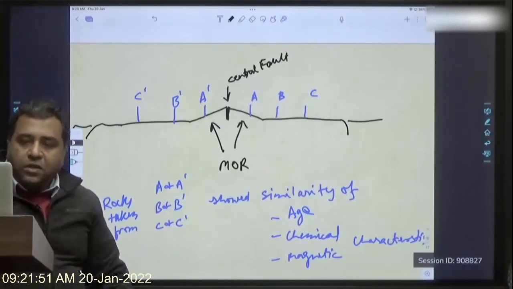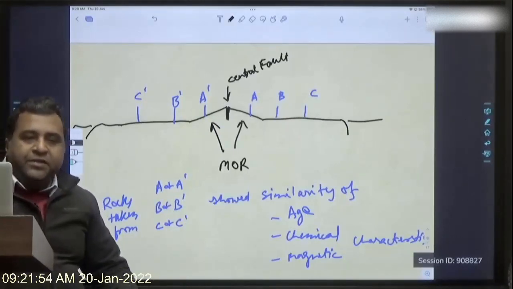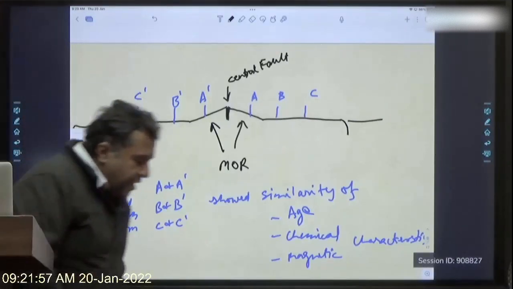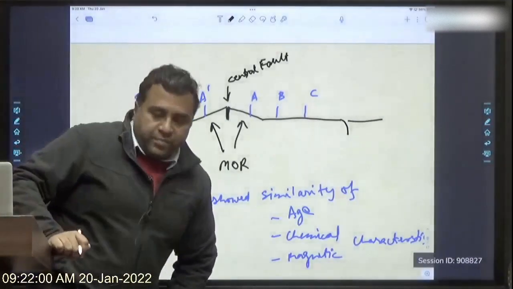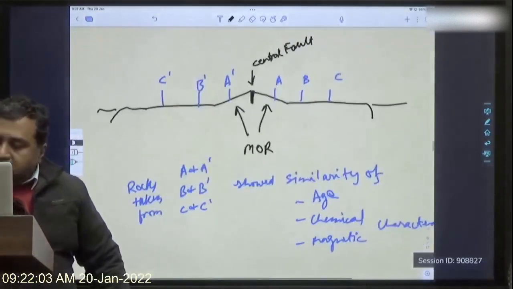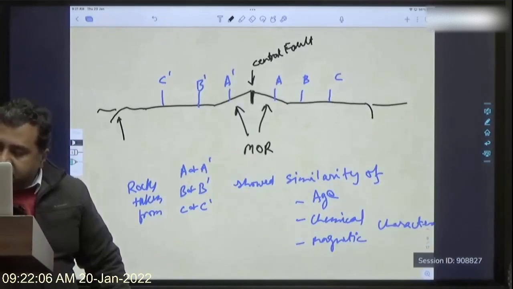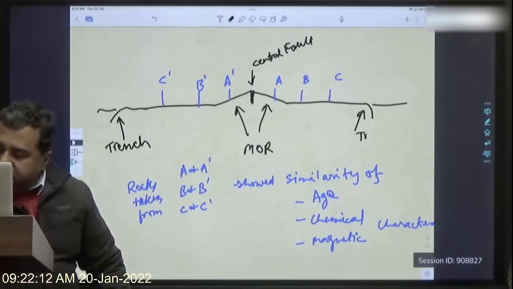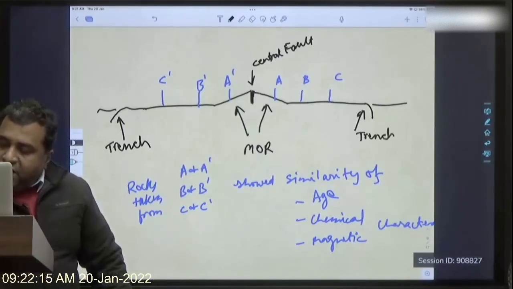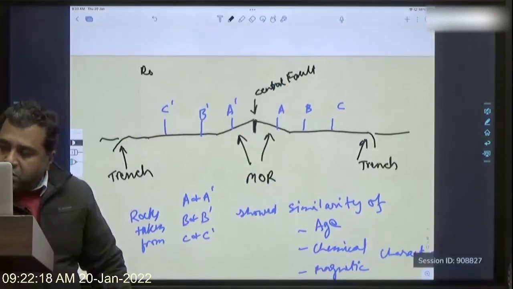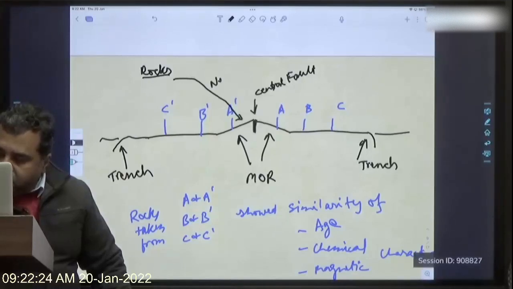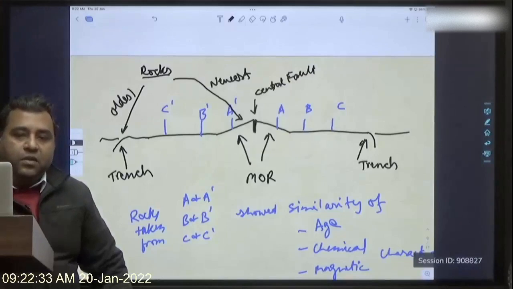Okay. So this is another important thing. In this diagram, if we have to draw, where will I find the oldest rocks? Let us say this is the trench, and on another side I'm showing a trench.